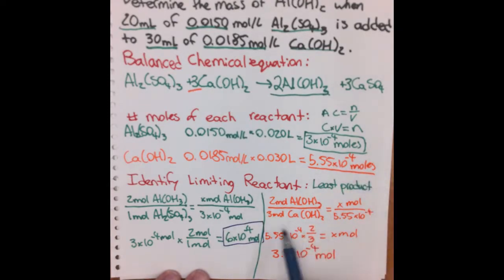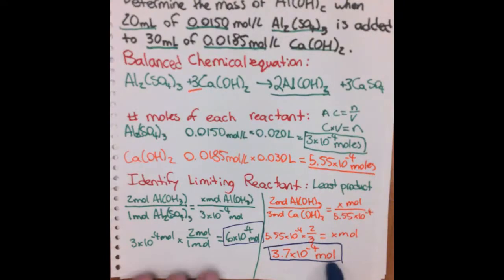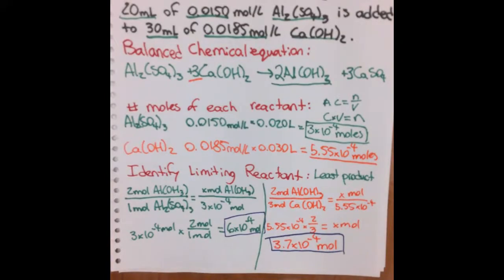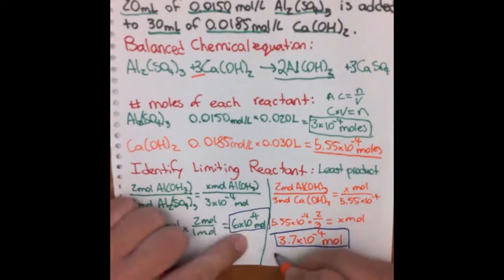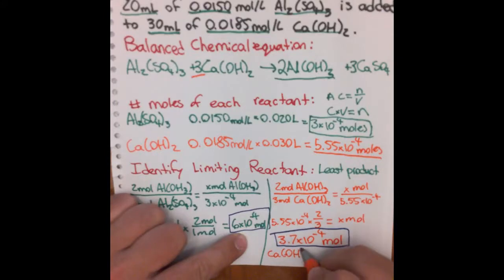If we were using only calcium hydroxide with an excess of aluminum sulfate, it would produce 3.7 times 10 to the negative 4 moles. So as we can see, this is going to be a smaller number. So therefore, our calcium hydroxide is going to be limiting.